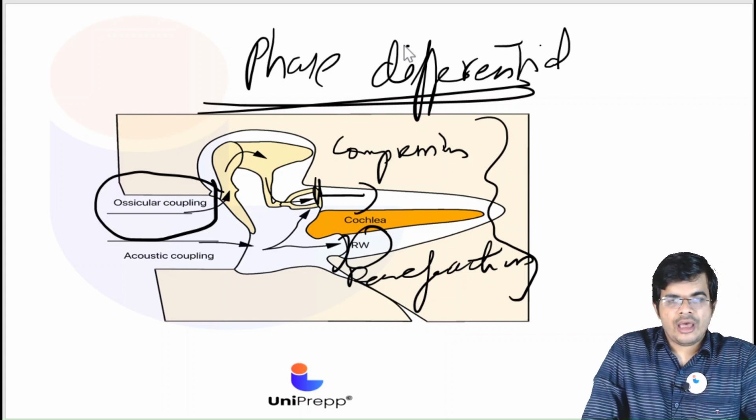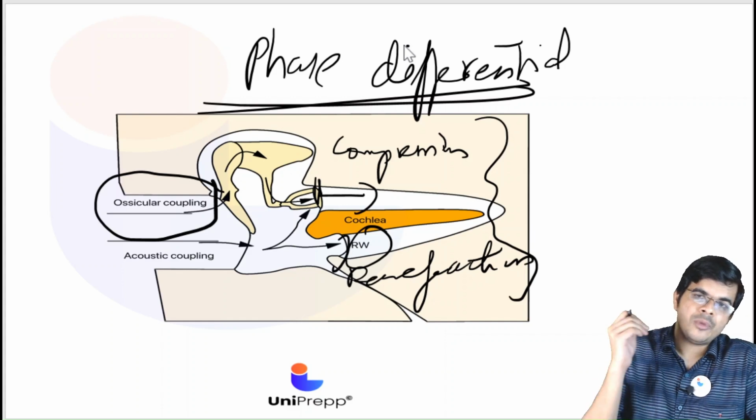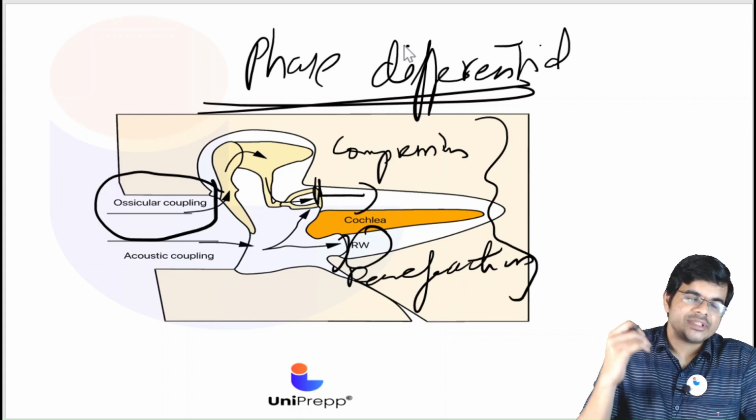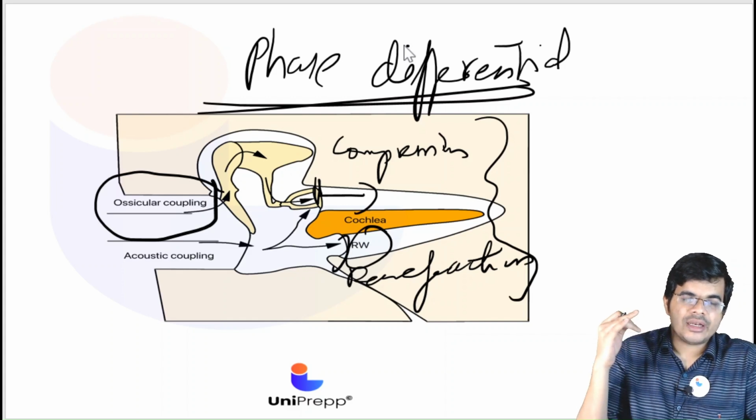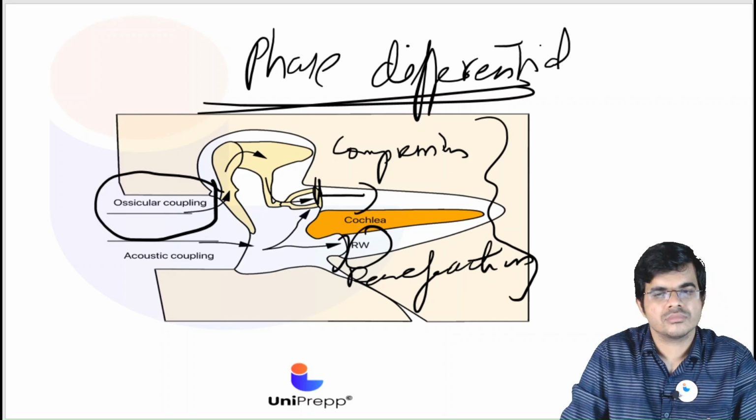So these are the three main mechanisms: one is the catenary lever, second is the ossicular lever, and third is the hydraulic lever. Apart from that you have the phase differential being maintained. All this contributes to the impedance matching.